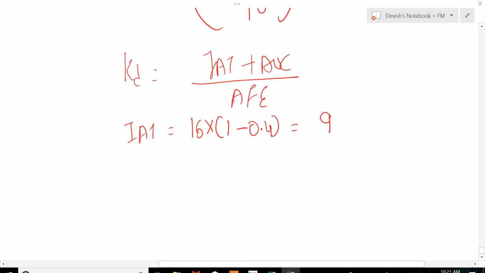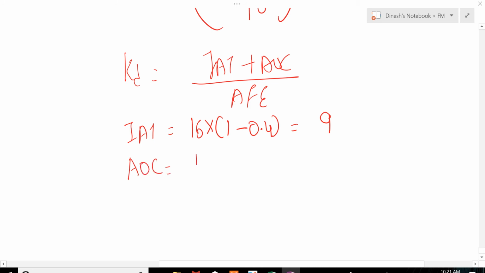Your interest after tax is rupees 9. Any doubts?